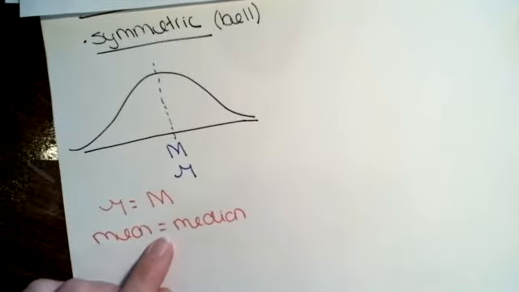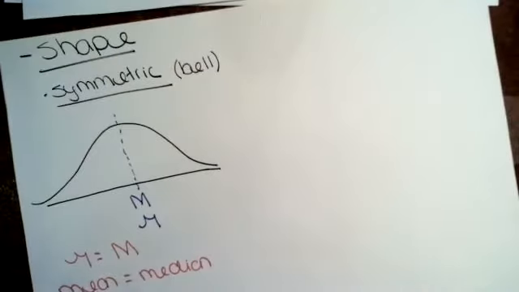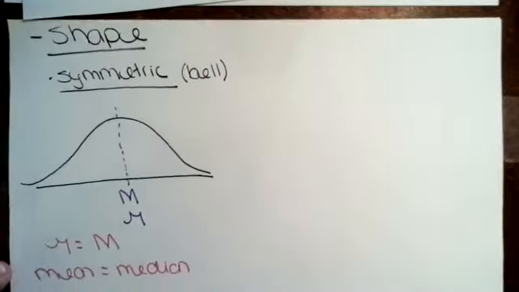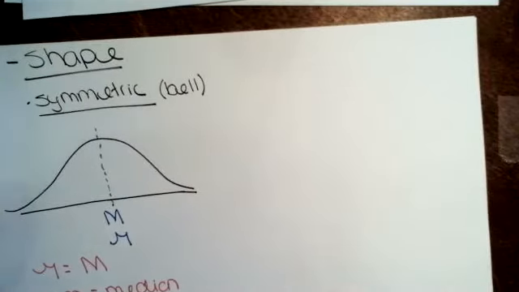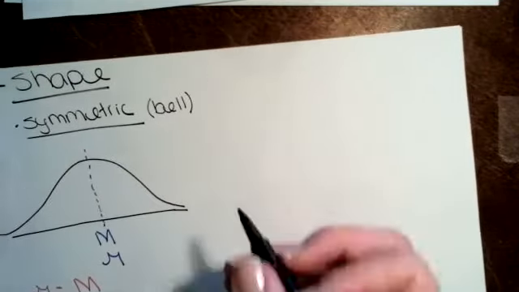They're not exactly equal. They're fairly similar. Stats is a lot different than calculus or algebra, because if we say something's equal in algebra, we mean equal, right? We mean 3 equals 3. We don't mean 2.9 equals 3. In stats, it's a little different. You have some wiggle room, okay? So just keep that in mind.